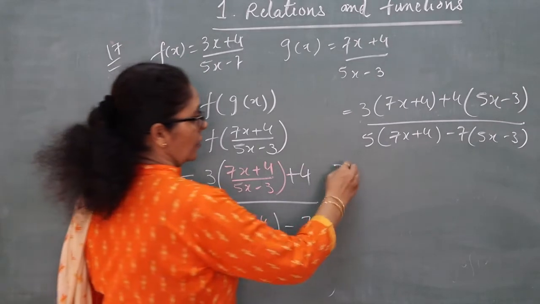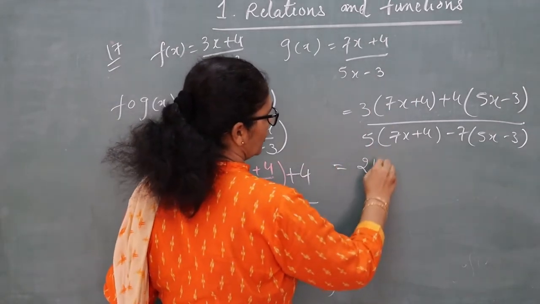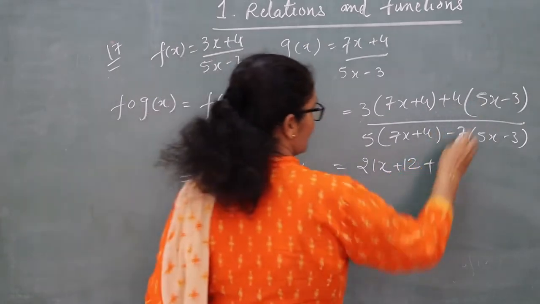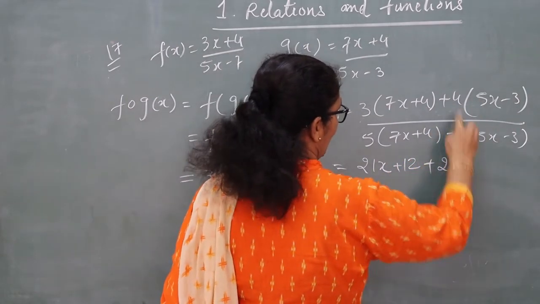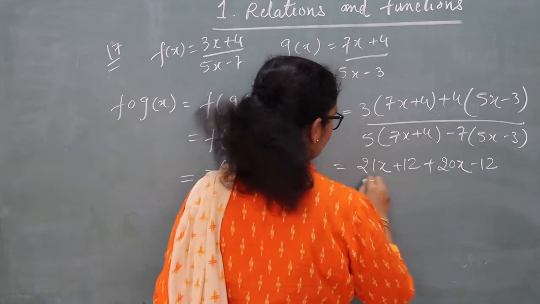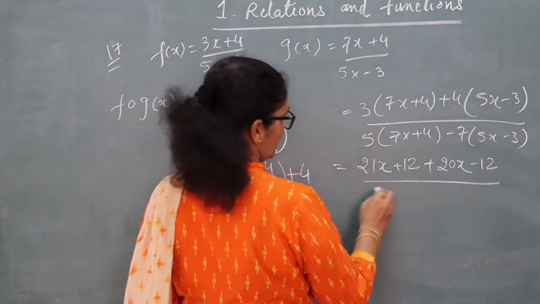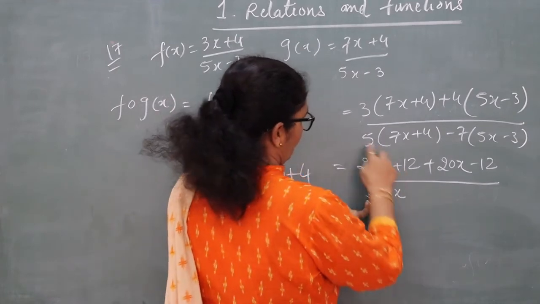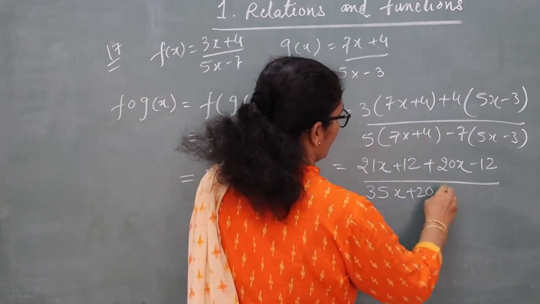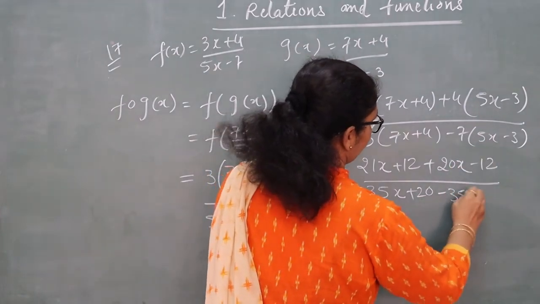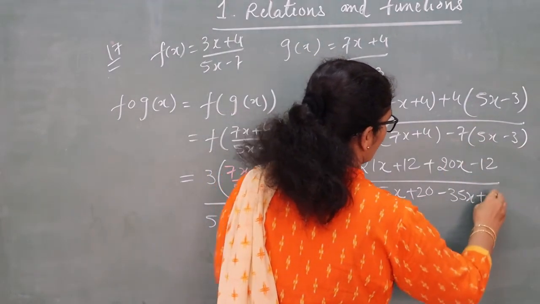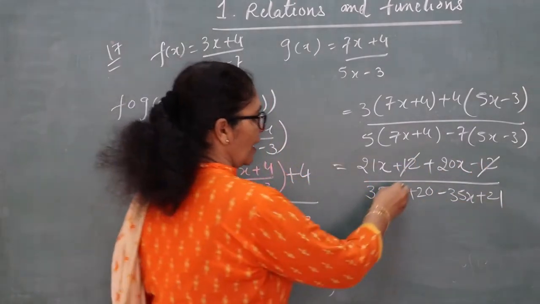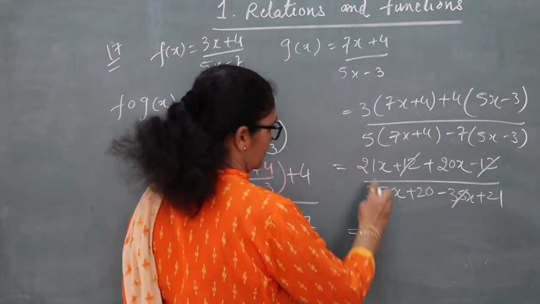Now just open the brackets: 7 3s are 21x, 3 4s are 12, 4 5s are 20x and 4 3s are 12. Similarly 5 7s are 35x, 5 4s are 20, again 7 5s are 35 and minus minus plus 21. Now here check, plus or minus 12 cancel and here plus or minus 35 cancel.